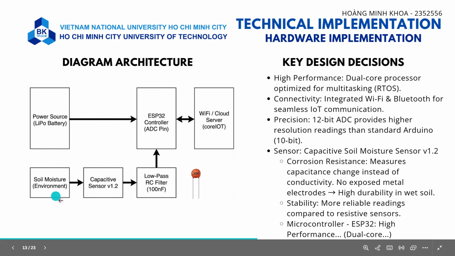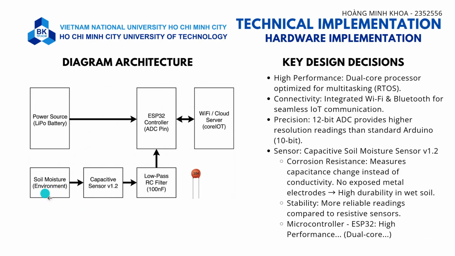The soil moisture from the environment will be measured through the capacitive sensor, and when connecting to the ESP32, we will debounce the signal by using a small low-pass RC filter around 100 nanofarad. This is necessary to smooth the waves going into the ESP controller to make it less noisy.